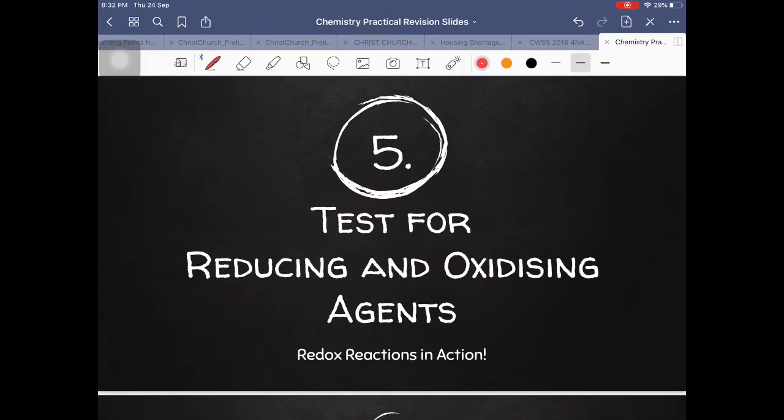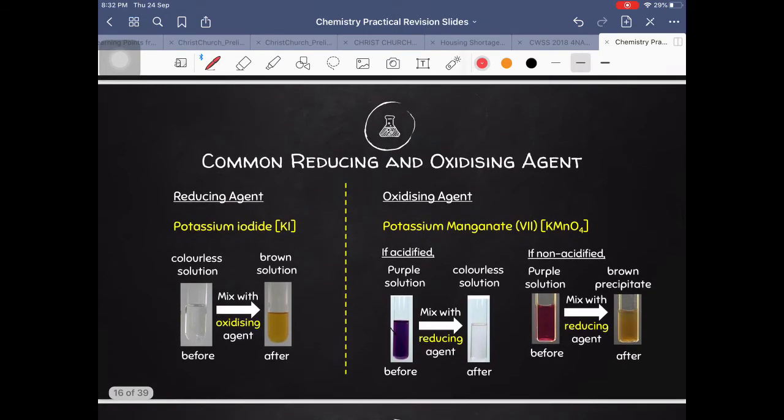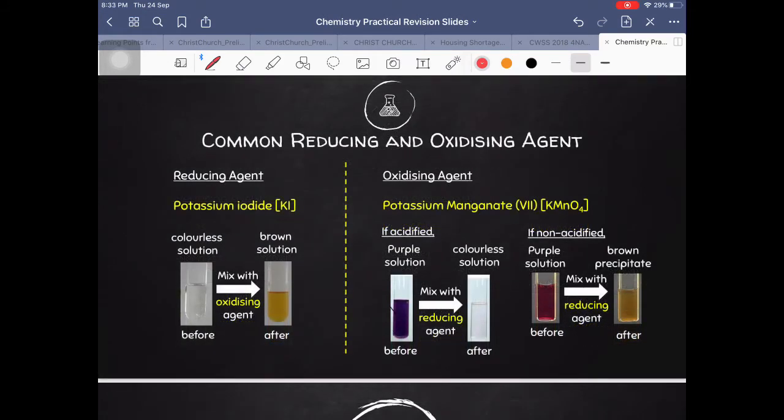Now let's move on to the test for reducing and oxidizing agents. We're going to recap a bit of the redox reactions. These are some common reducing and oxidizing agents. A common reducing agent is potassium iodide, and a common example of an oxidizing agent is potassium manganate.